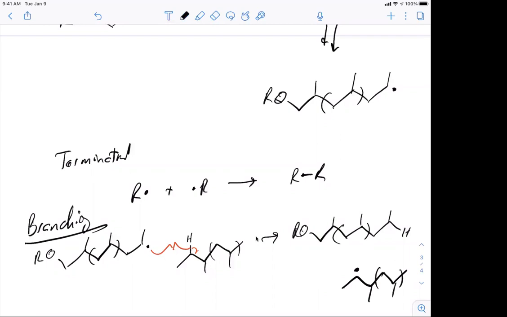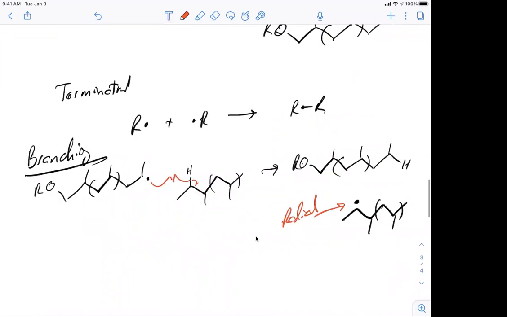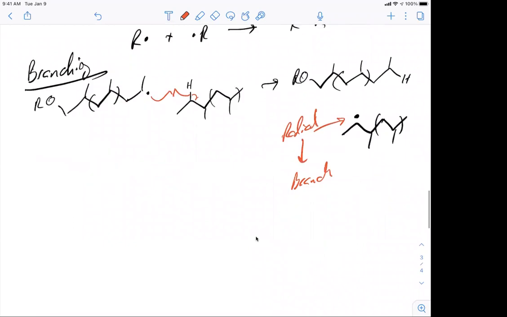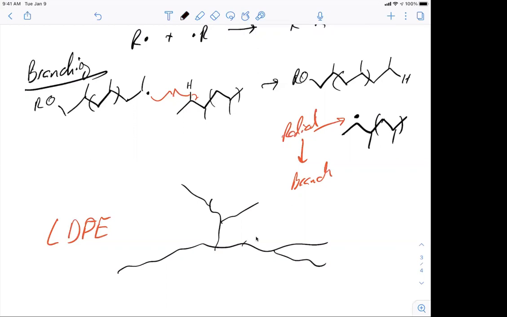And this radical will cause a branch. So in low density polyethylene, I don't know why I'm doing it red, what you have is a polymer with lots of branching.